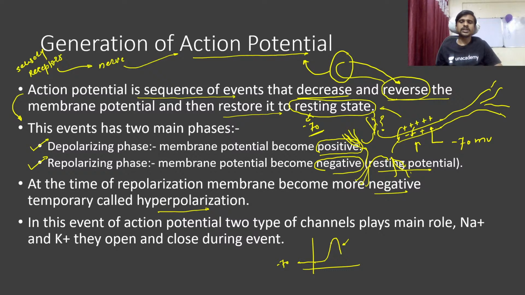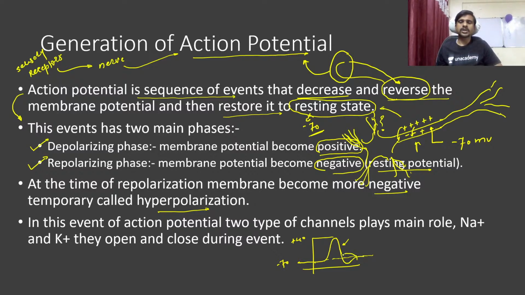Okay, for example this is my plus 40, so the difference, if you see, is more than 100 millivolt. And when it comes to the resting potential, it will never directly stop at the resting potential, but most of the time this repolarization is active for more than the resting potential, and it becomes more negative.